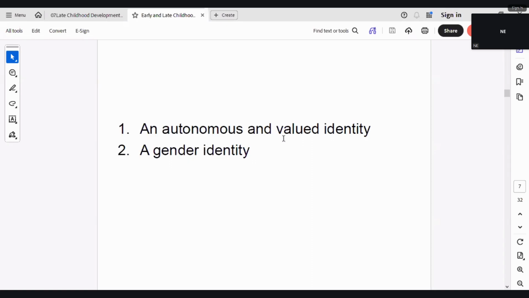And then an autonomous and valued identity: I am separate from my mother, I'm separate from my siblings. When you look at children with autism, this does not happen. Children with developmental delay, depending on the severity of intellectual disability, these do not happen.